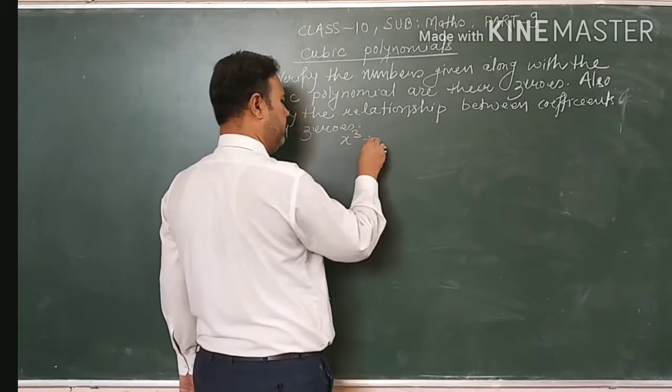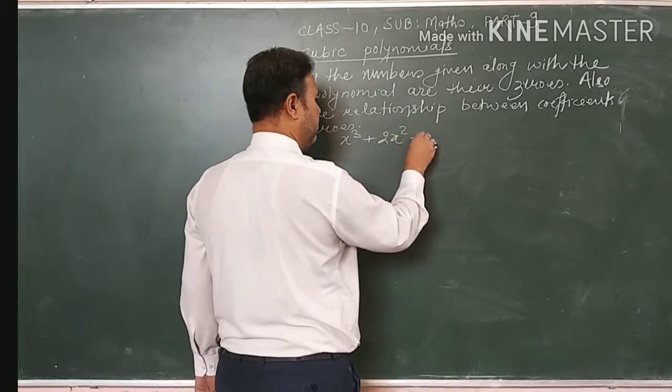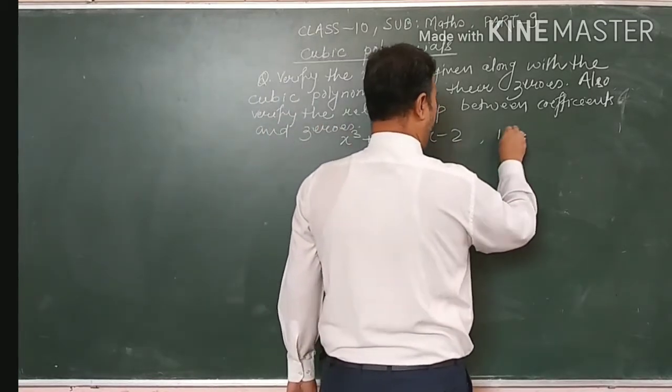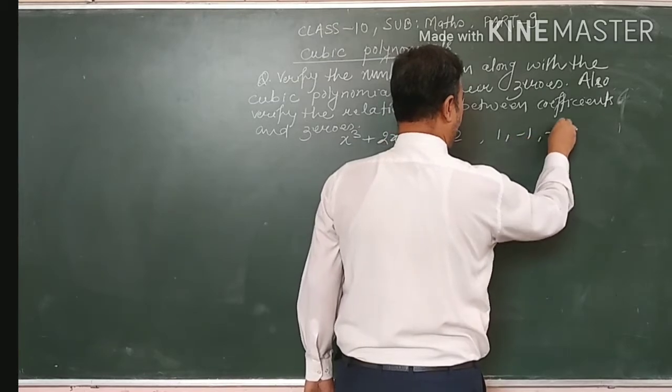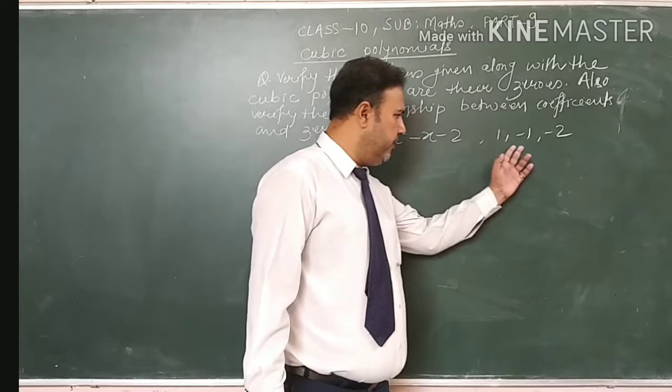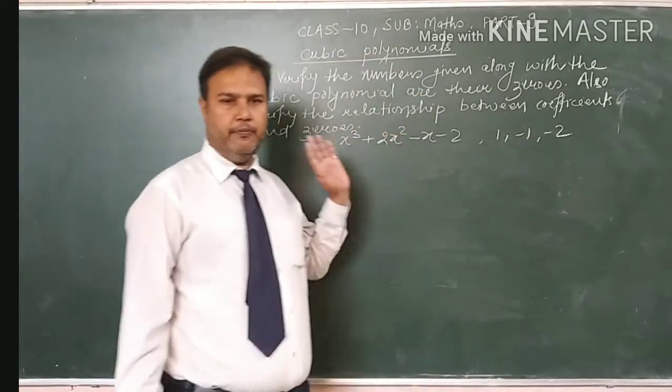The polynomial is x cube plus 2x square minus x minus 2. Numbers given are 1, -1 and -2. So first of all, we will verify that these given three numbers are the zeros of the given polynomial.